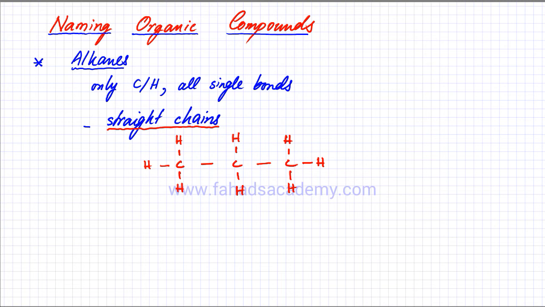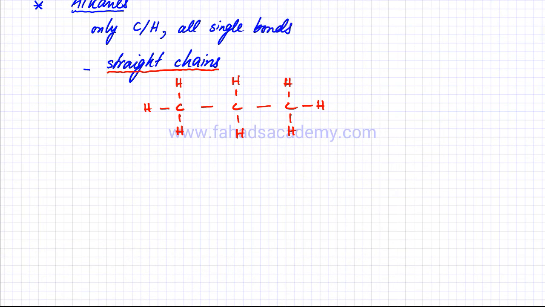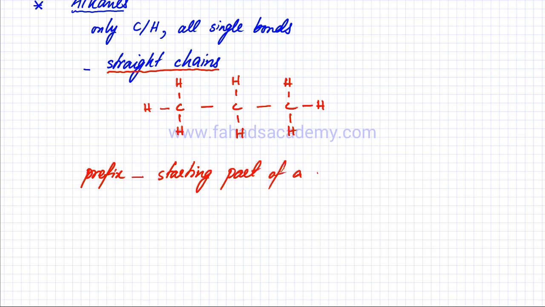The basis on which we start naming these compounds is by counting the number of carbon atoms. Our chain is named after the total number of carbon atoms, and this is the prefix of the name. What I mean by prefix is the starting part of a particular name.